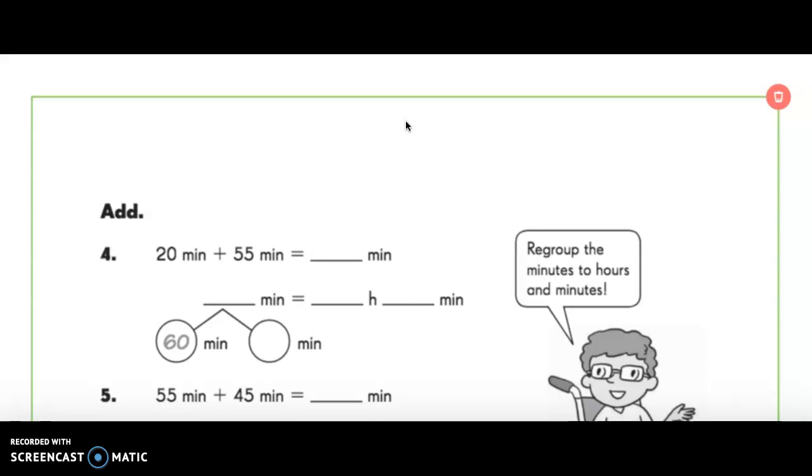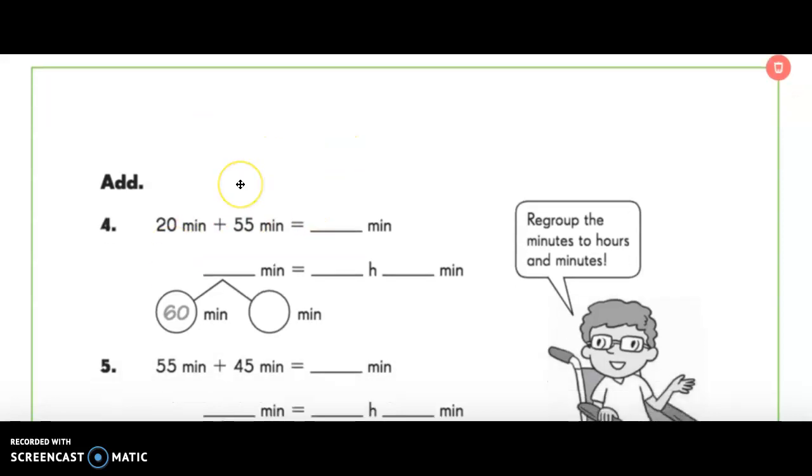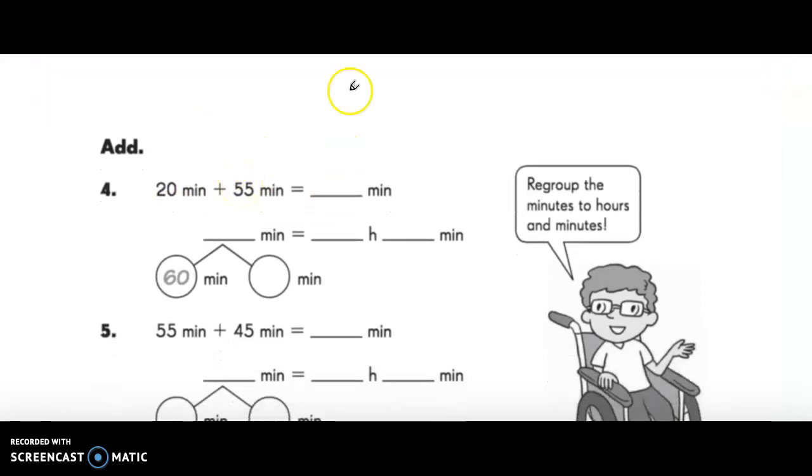So this was page 152. First thing that they're doing is having you add the minutes. So remember, first step is add the minutes, regroup if needed, and then add the hours and get your total time there. So you would start by doing 20 plus 55 minutes to get 75 minutes.